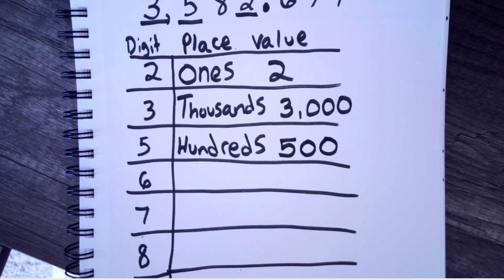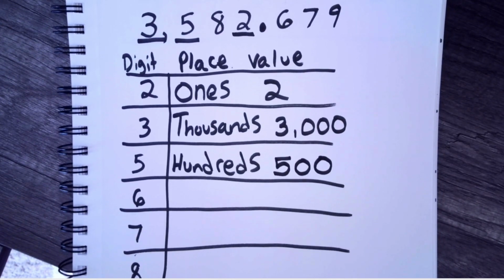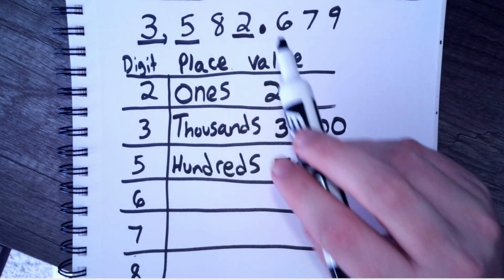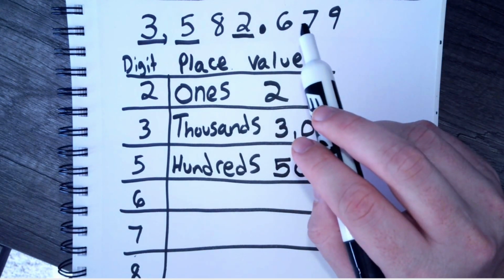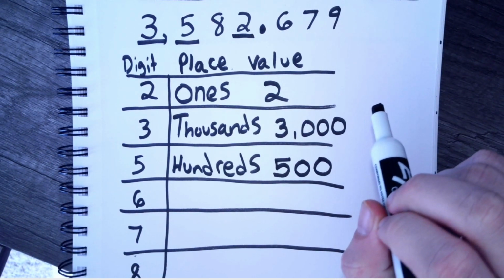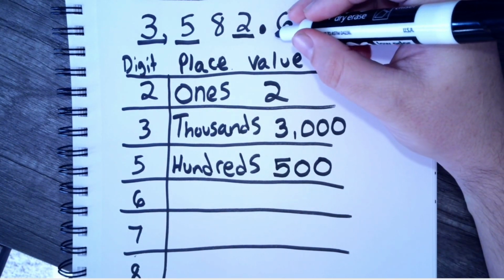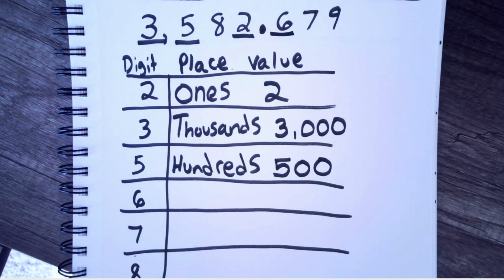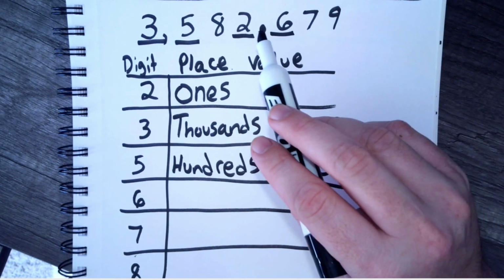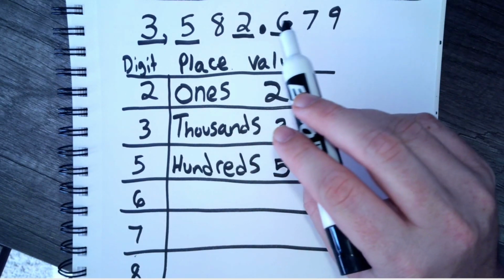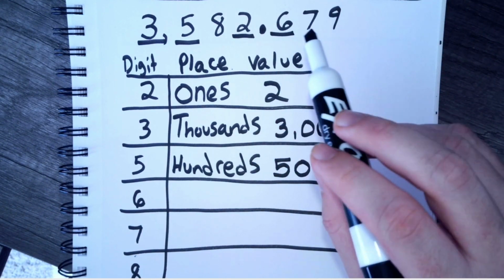So next up, we would have our 6. Again, I locate my decimal. Now I see the 6 is on the right side, so I know it's not a whole number, it's one of my decimal places. If you remember, tenths is our first decimal place. So you find your decimal, and then to the right is the tenths place.